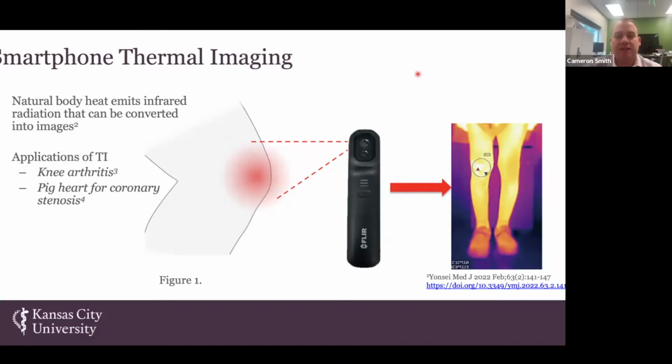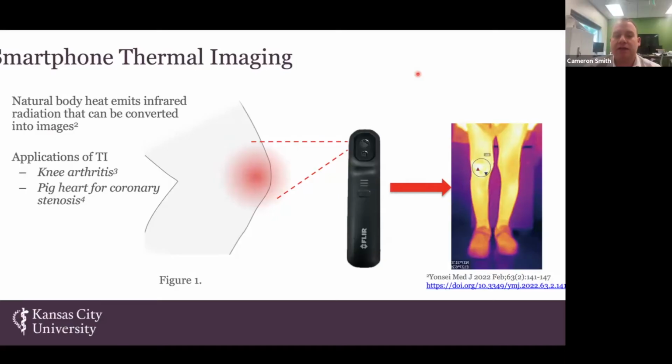This study done in 2022 took people with previously diagnosed knee arthritis and took pictures of their knees and compared them to see if they could pick up not only if they have knee arthritis, but the certain degree of knee arthritis by looking at the different temperature ranges.